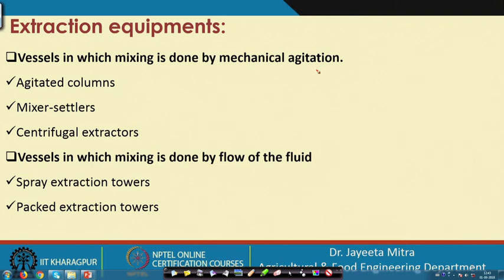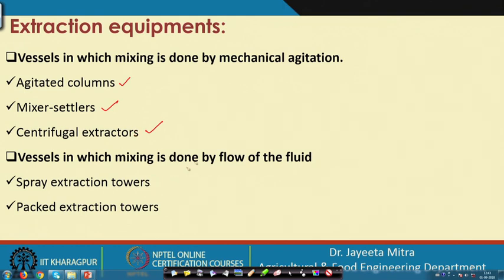So, we need vessels in which the mixing is done, and some agitation is needed, of different mechanical arrangements, because it helps in proper extraction. We have agitated columns, mixer settlers, and the centrifugal extractor. In all these cases we use some motion or agitation mechanically, or we can design those vessels for extraction.